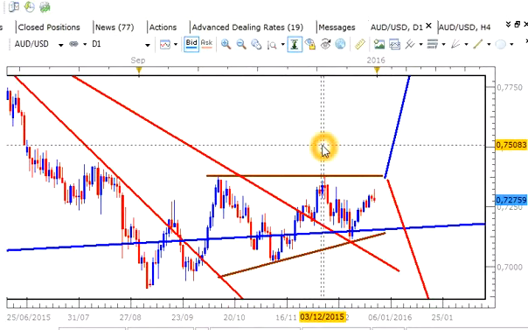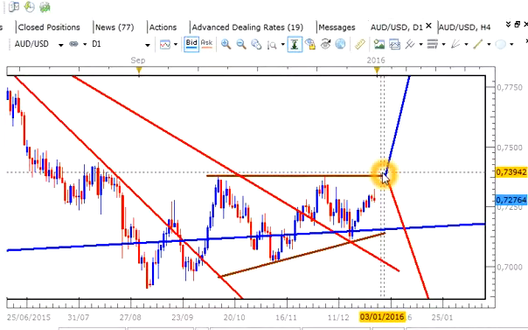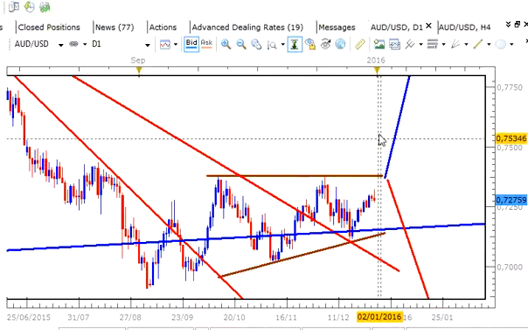Now, with respect to consolidation breakouts, there are essentially three main aspects of these types of trades that we need to take into consideration before we trade. The first, as I mentioned, was the setup and the signal that lead to the start of the breakout. The next element has to do with the breakout target.